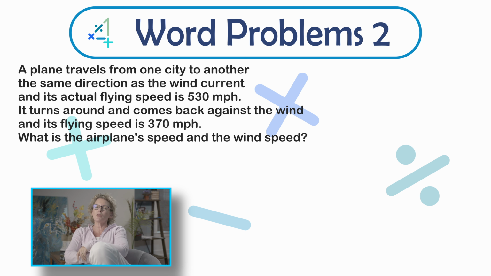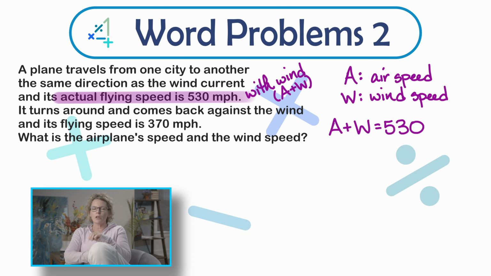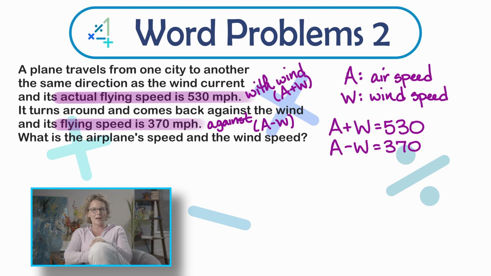We set this up with our two unknowns, say A as the airspeed and W as the wind speed. A plus W is 530, and then A minus W is 370. Once we get this set up, it's really nice to solve because of those W's that are different signs. Using elimination, we get 2A equals 900.